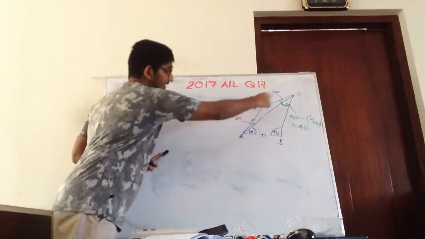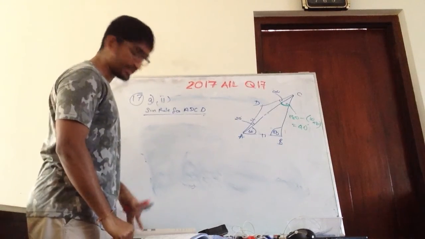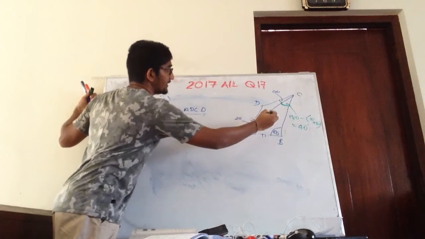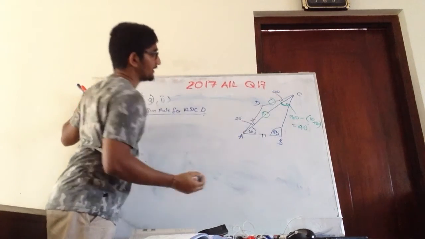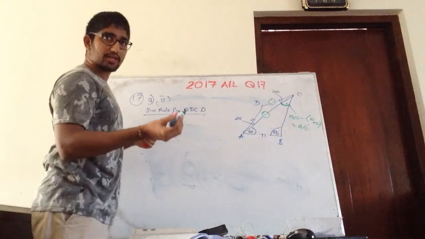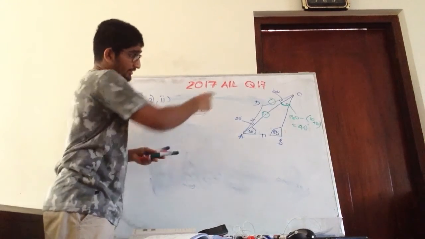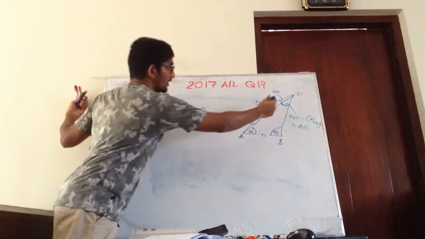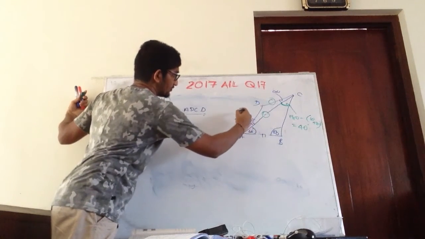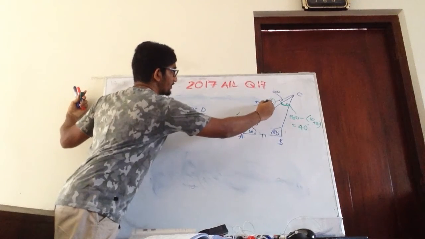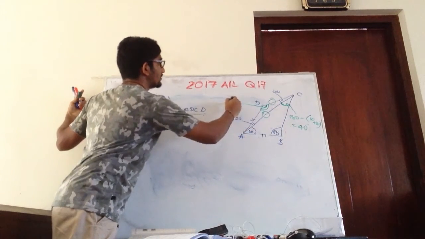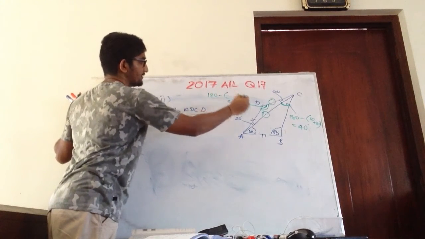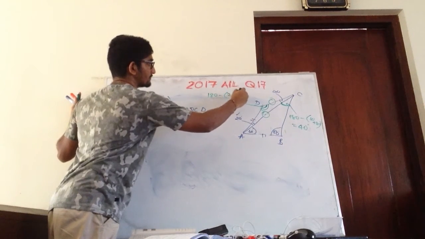When considering ACD, they are asking for the ratio of AC and AD. In order to get the sine rule for AC and AD, I need to know the corresponding angle here, and then I need to know the angle here. What is this angle? That is going to be 180 minus (20 plus alpha).